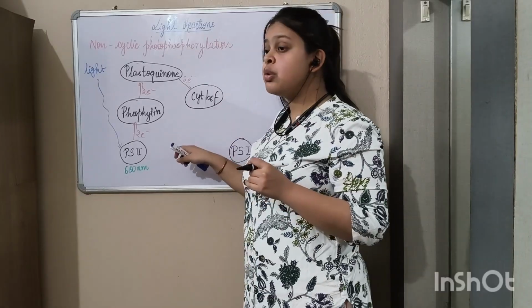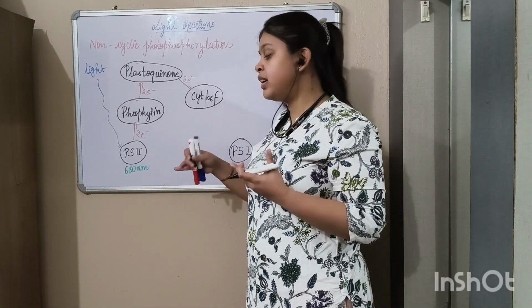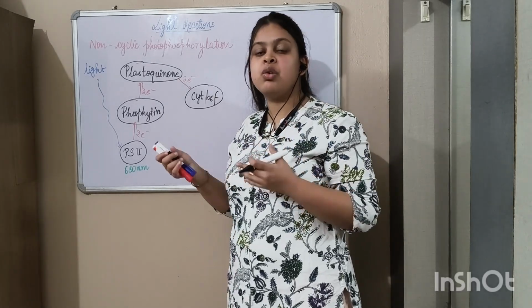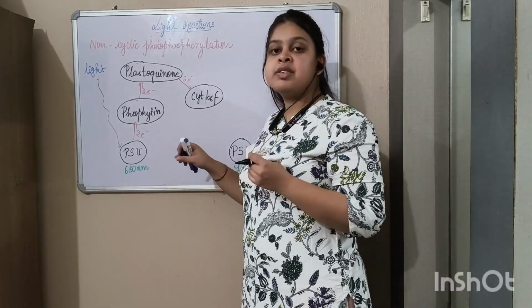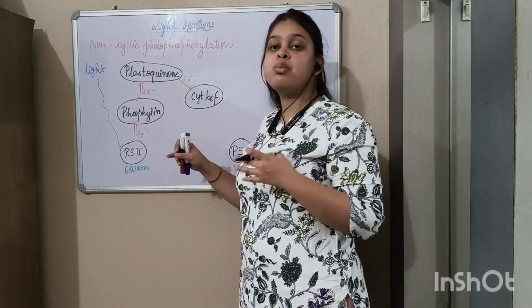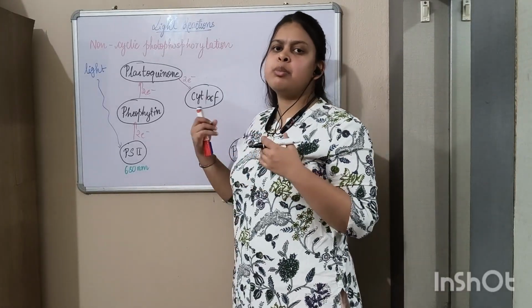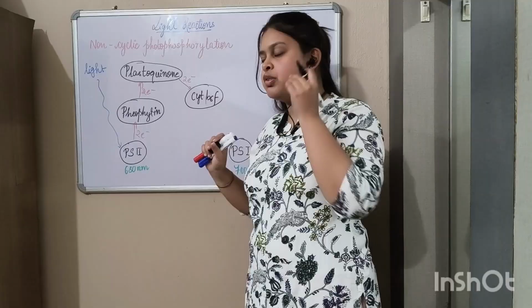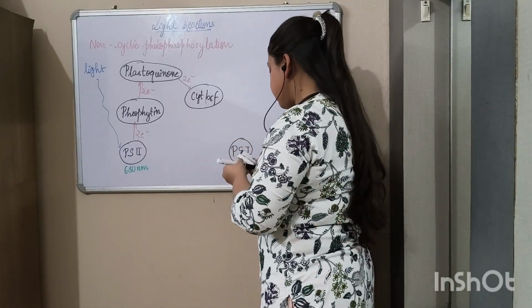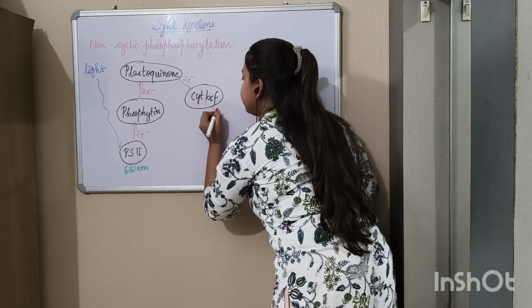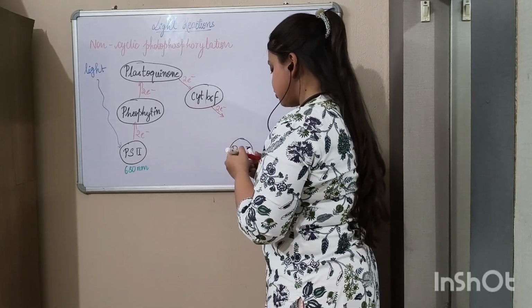While doing so, it creates an H plus gradient in the lumen, so there will be a high concentration of H plus on the lumen side. Therefore, a proton motive force will be generated for the formation of ATP. This you will better understand in the chemiosmotic hypothesis. The 2 electrons will be further carried to the plastocyanin molecule.